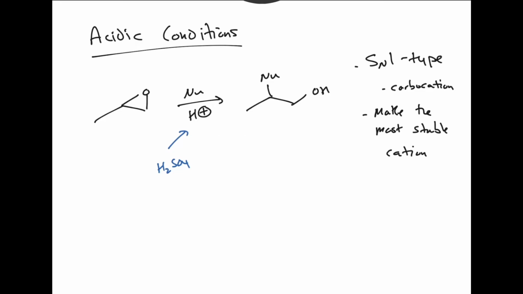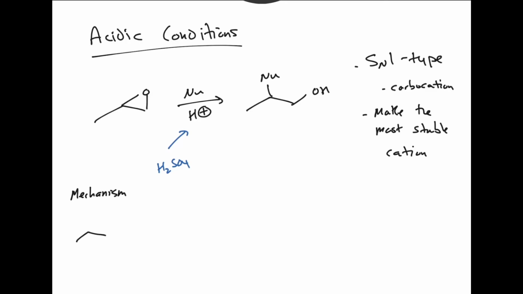You're going to follow the same rules we followed when we did additions to double bonds. You have two options, and you're going to make the most stable one. The mechanism is basically the exact same stuff we did when we did our ether reactions before with acid.